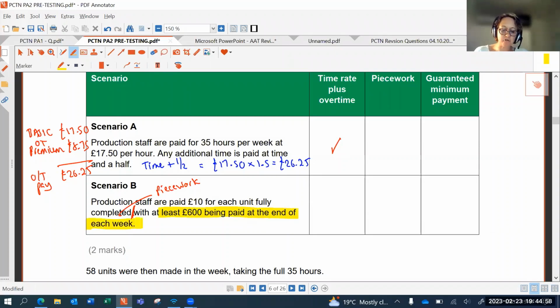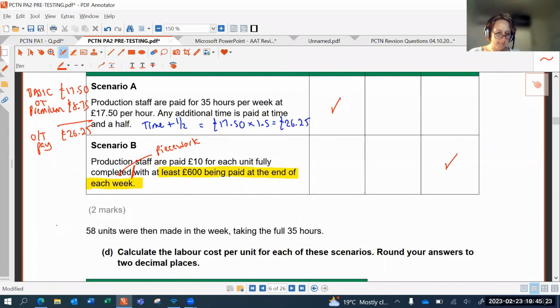So it's not just a straight piecework scheme, it is a guaranteed minimum payment. Lovely. So in that little question, we've managed to revise all three methods, because if the sentence hadn't mentioned the £600 minimum, I'd have said it's just a piecework scheme. But adding that £600 minimum on made it a guaranteed minimum payment.